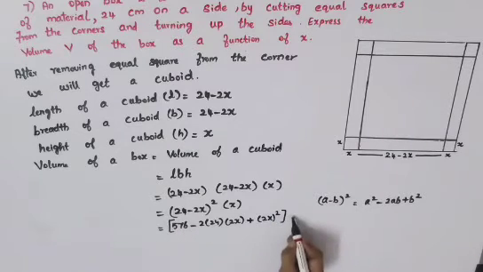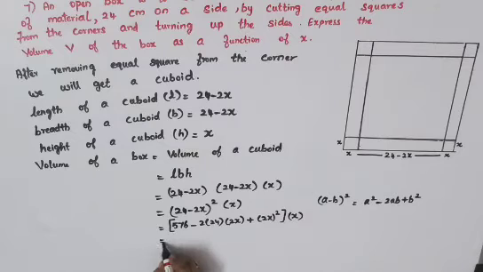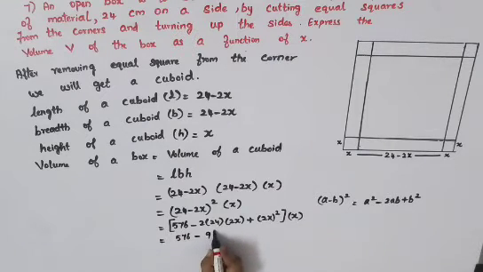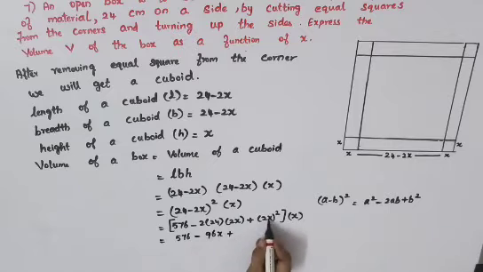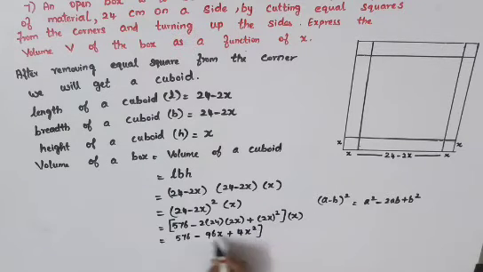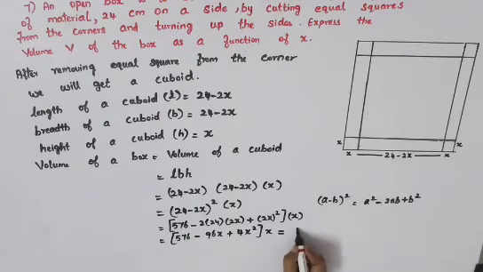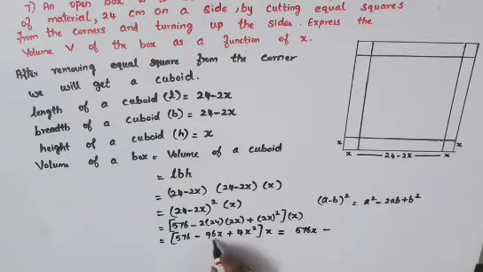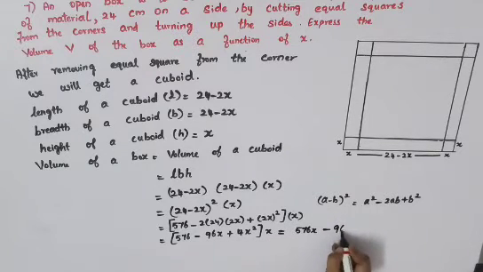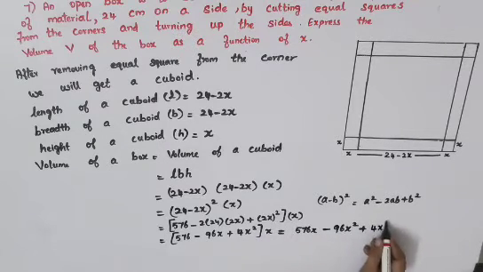So put that x outside. It equals 576 minus 96x plus 4x square, into this x. Which is equal to 576x minus 96x square plus 4x cube.